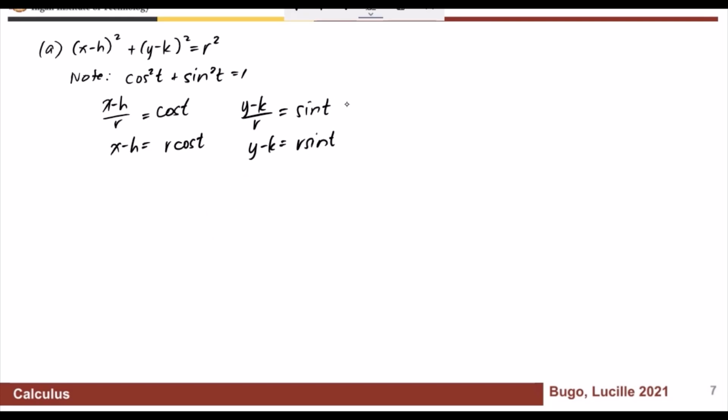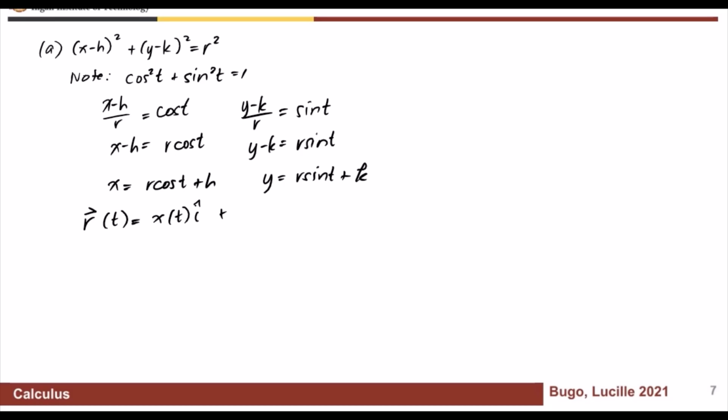Solving for x, we get x equals r cosine t plus h, and y is equal to r sine t plus k. These are actually the parametric equations, so that our vector r of t will be written as x of t i hat plus y of t j hat.